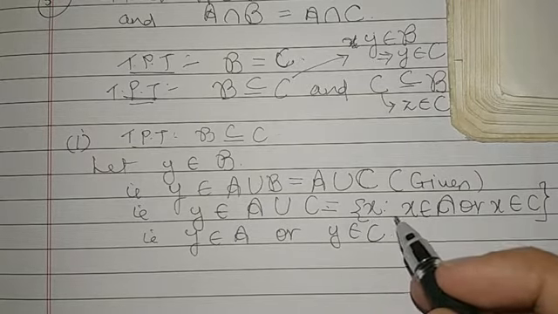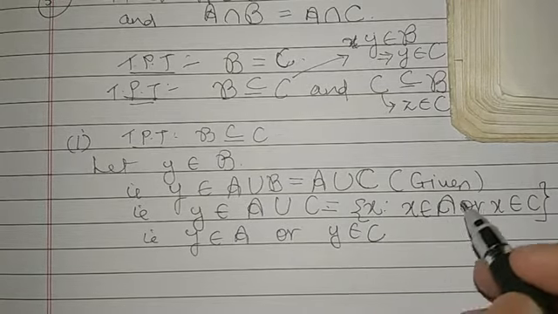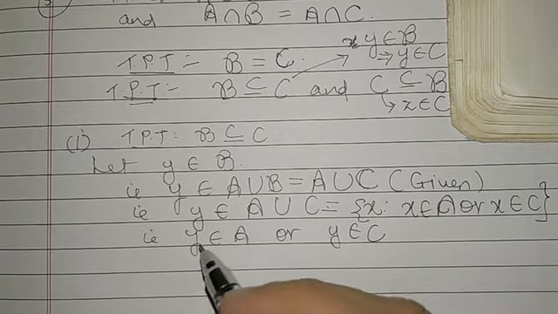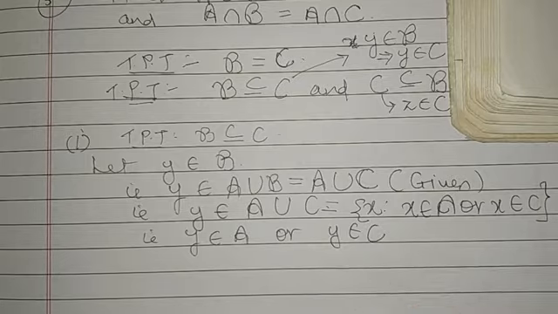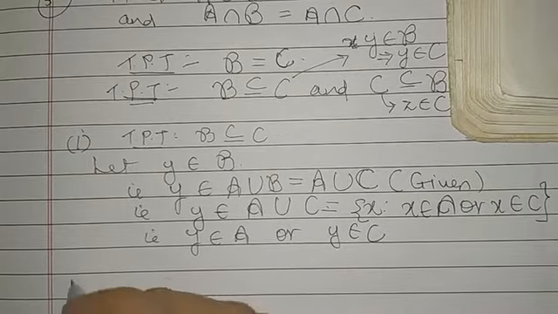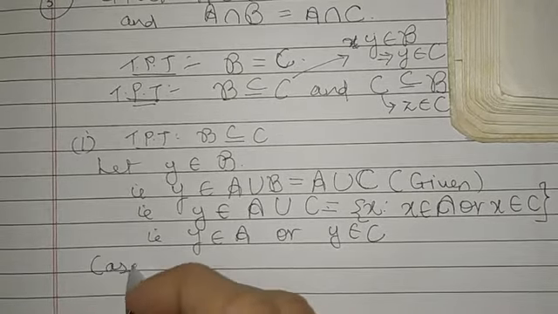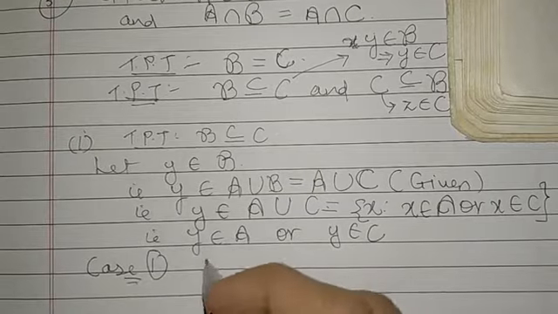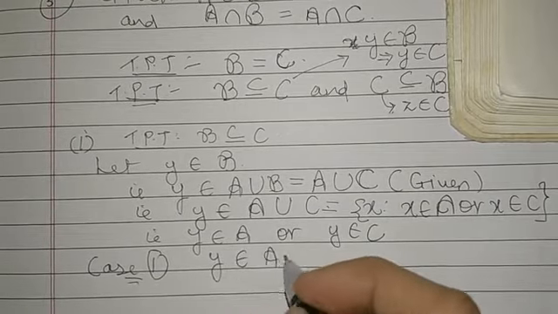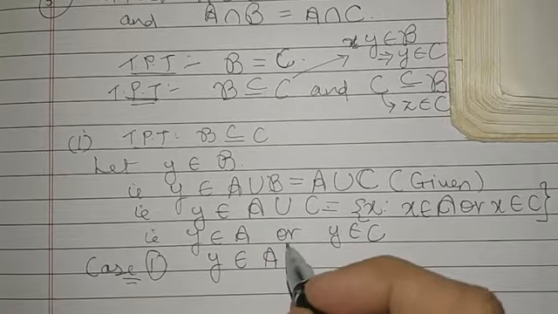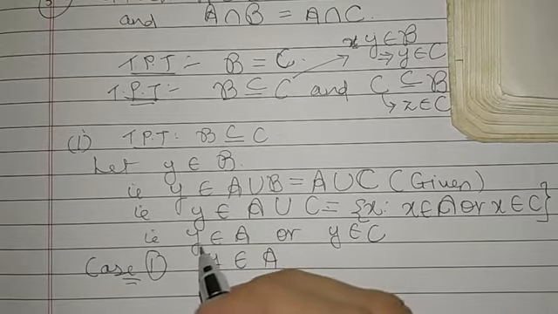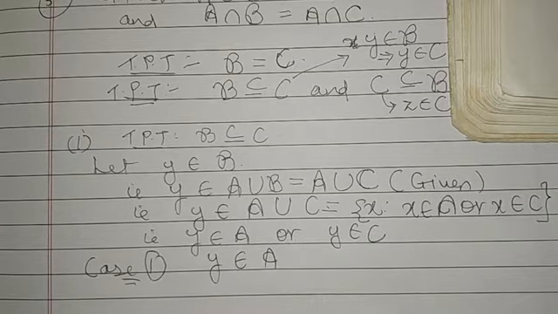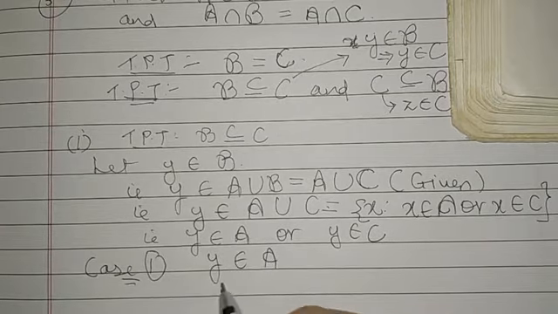So Y will satisfy this condition, Y belongs to A or Y belongs to C. That is what I am writing here. Now you have to consider cases. Case 1 is Y belongs to A first, because it is OR. If it is OR, you consider two cases: Y belongs to A or Y belongs to C. So first I am considering Y belongs to A.